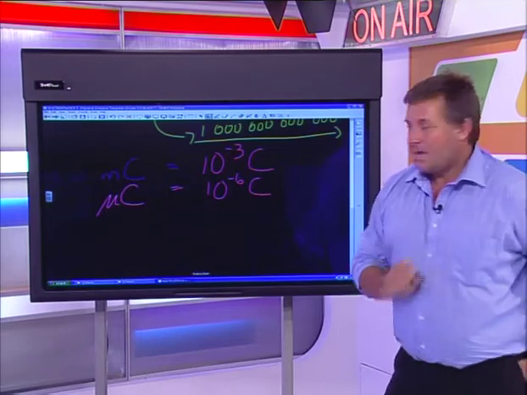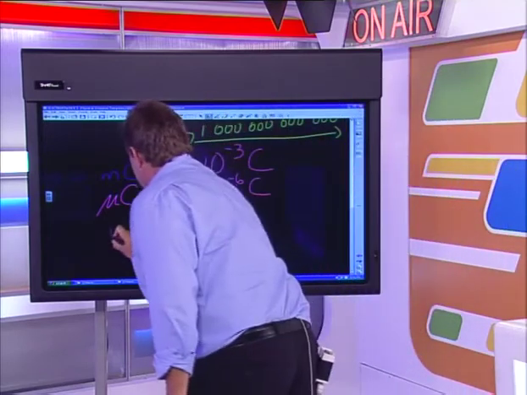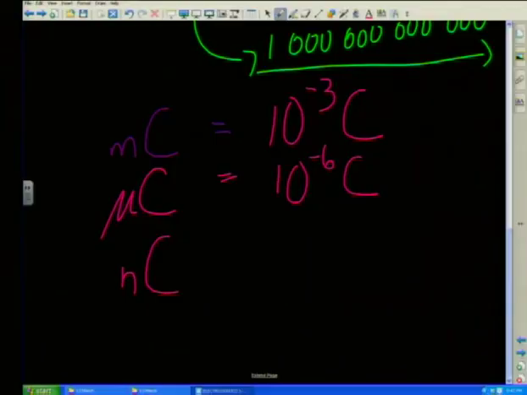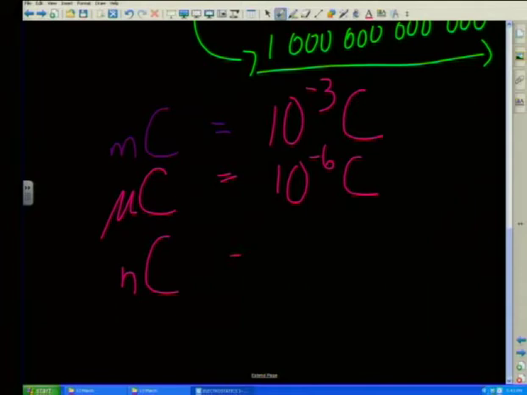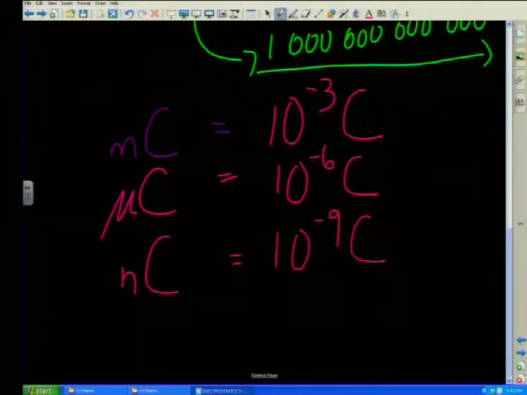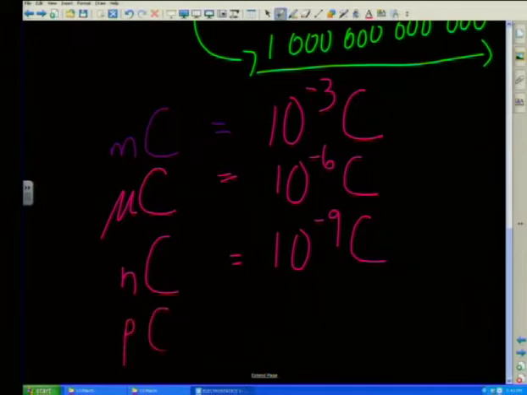Now we go to a nanocoulomb, and we put a small lowercase n in front of the C, which is a nanocoulomb. It's one billionth, and that's 10 to the minus 9 of a coulomb. The last one is the picocoulomb, which is the trillionth, and we put a small p.